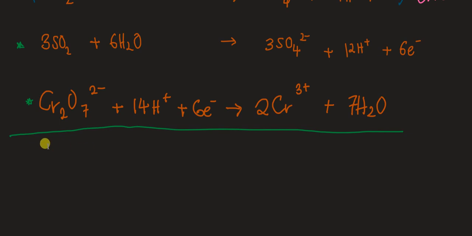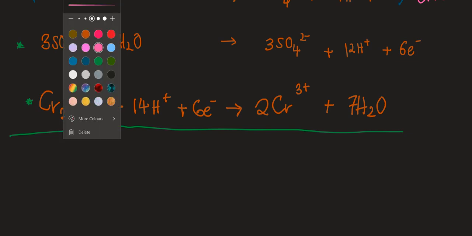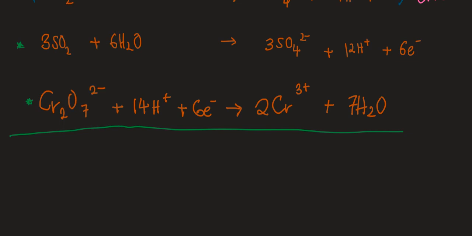Remember, the common terms on the same side can be added together, and the common terms on different sides, like these hydrogens, can be subtracted from each other. So first we see the common term electrons appears on the left hand side and on the right hand side, so we can cancel them out because it's 6 minus 6.